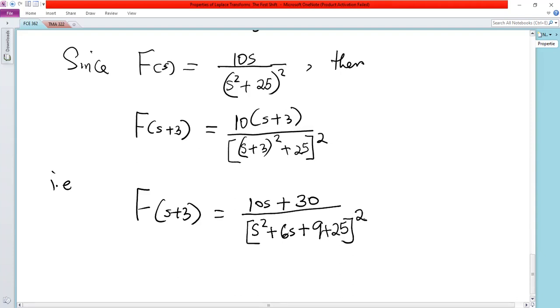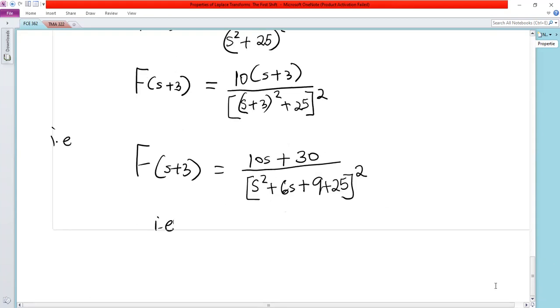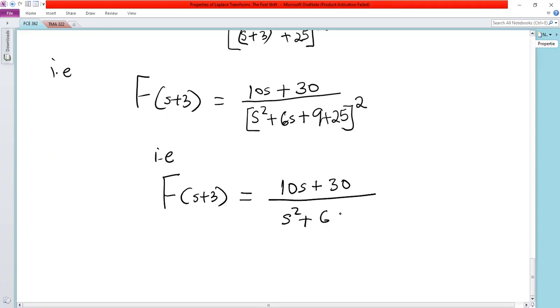Then you square this, which is the same thing as capital F of s plus 3 equals 10s plus 30 divided by s squared plus 6s. Now 9 plus 25 is 34. And then we square this denominator. So this will be the answer to the second part.